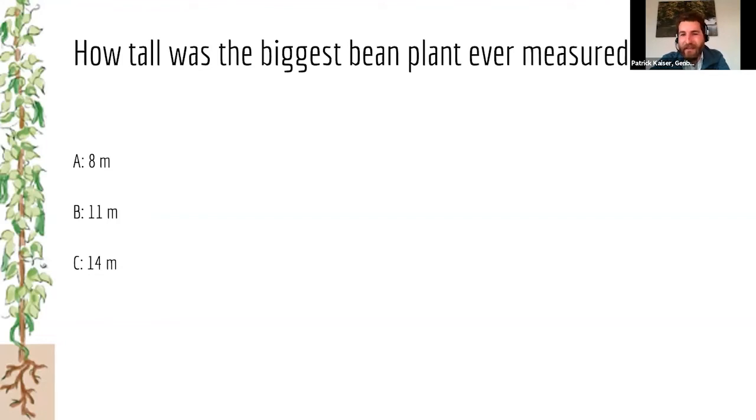Maybe many of us are growing beans in our gardens and have some experience of how high they grew, but coming from the Guinness World Records book, it's interesting to check what was the highest bean plant ever measured. Many are answering, thank you.